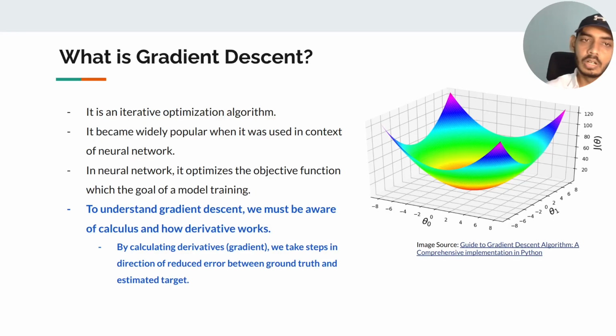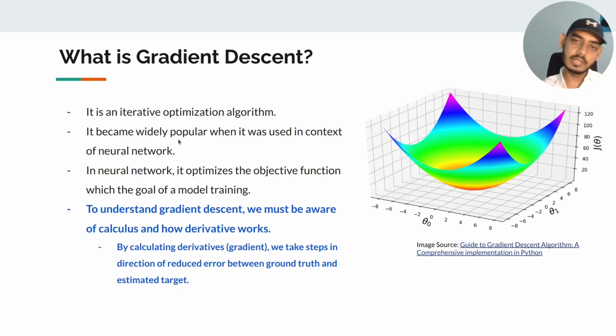We do some trials, which are the iterations, and find the minimum point for a particular function. On the right-hand side, this is a convex function, and at the bottom you will find the minimum value. This function is represented by two parameters, theta 0 and theta 1, and j of theta is your cost function, which depends on these two parameters.